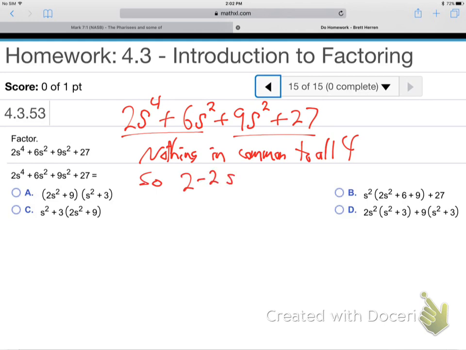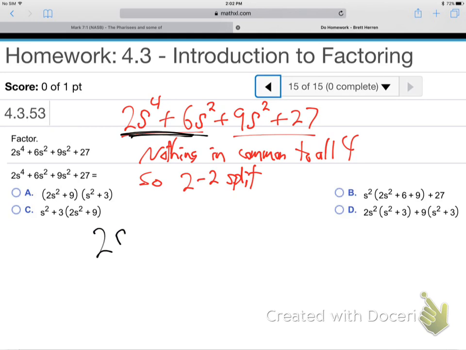Do just the first two, then the last two.